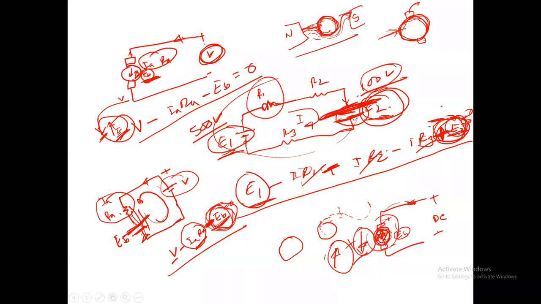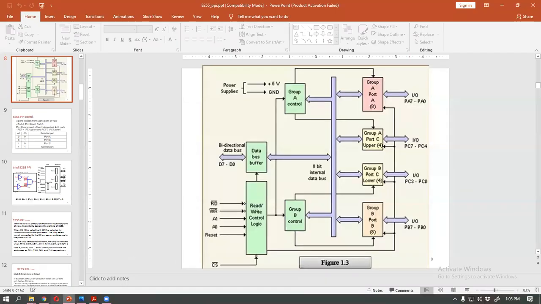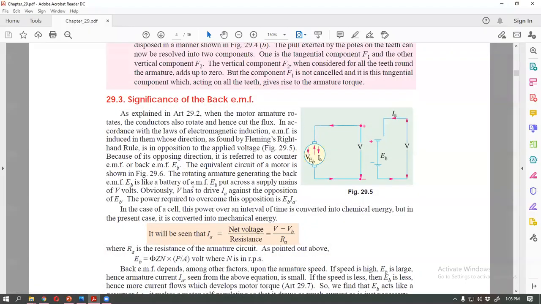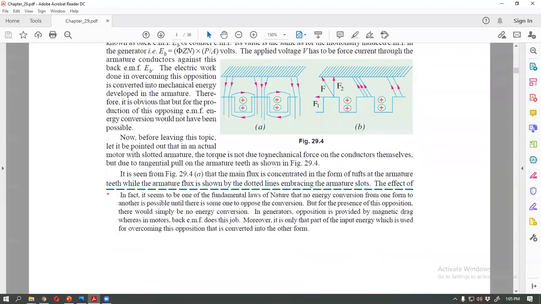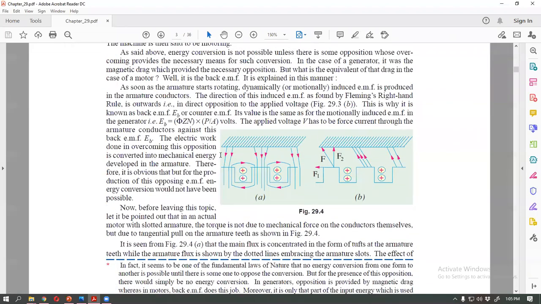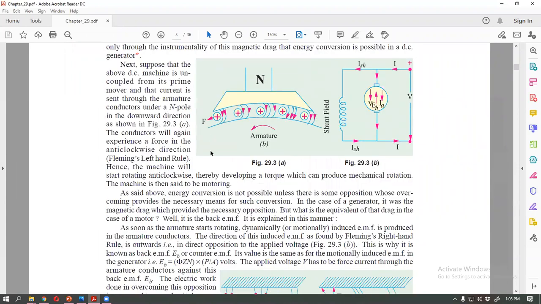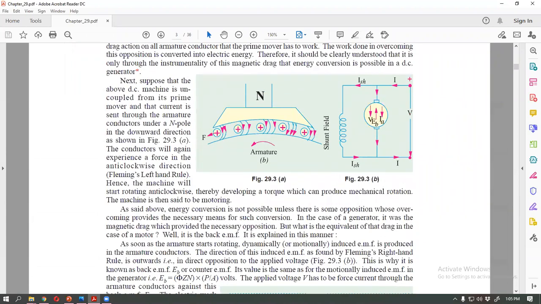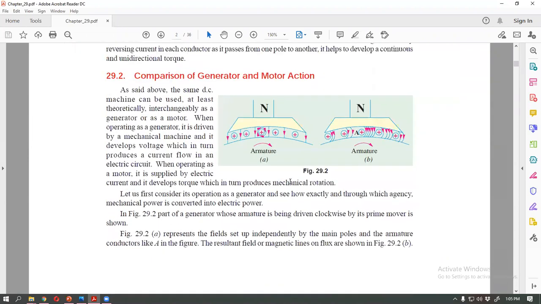So today we just did simple work. This is the back EMF and this is the mechanism of our armature rotation, or motor rotation.